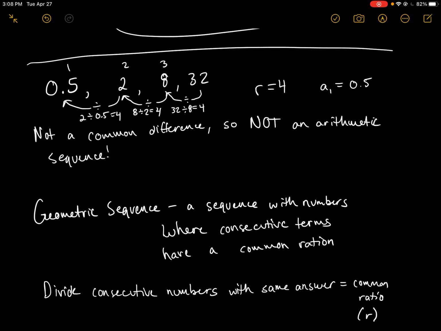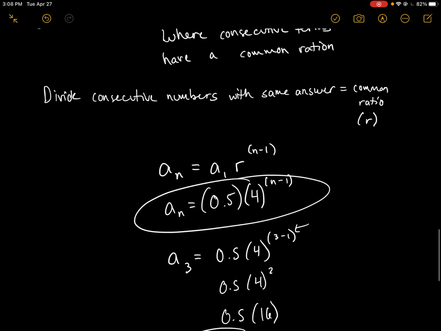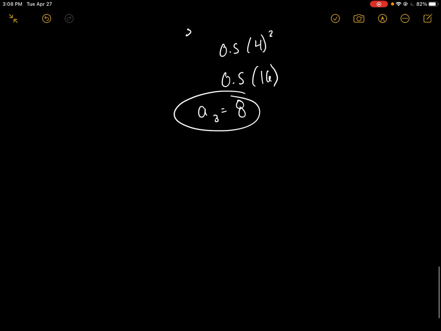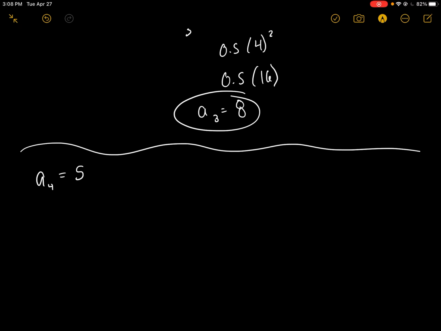Then we have 0.5 times 16 as our last step, which gets us 8. So our third term is 8. Is that true? Let's scroll back up. And hey, look, term 1, term 2, term 3 is in fact 8. So that works for these sequences. We can plug in basically any value, even up to 1,000, and we'll know the 1,000th number in this sequence by plugging in 1,000 for n.